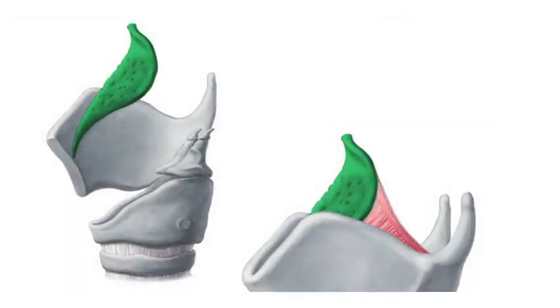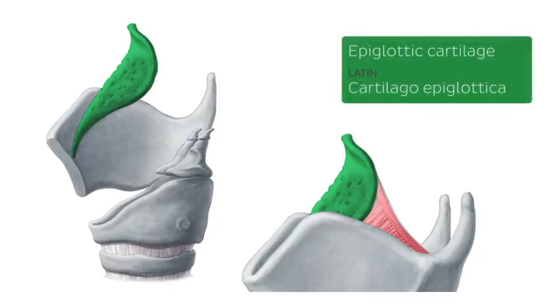Starting off with this one here, seen highlighted in green on a lateral view, is the cartilage that defines the cartilaginous framework, let's say, of the epiglottis. For that reason, we call it the epiglottic cartilage.